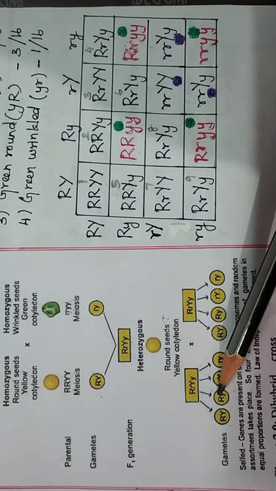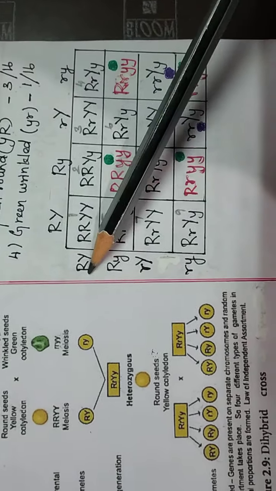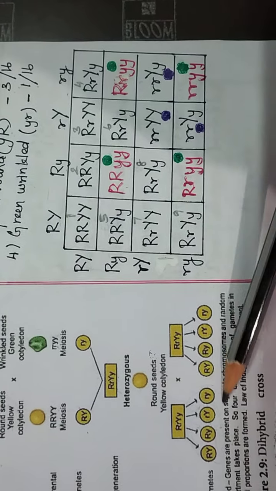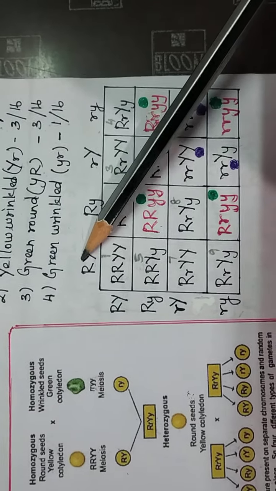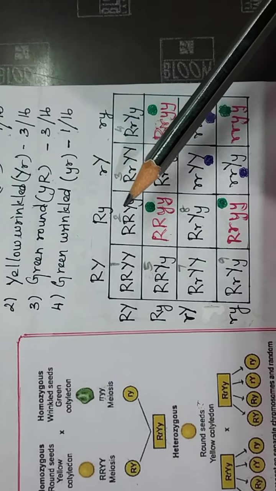These four gametes are formed. They are kept on the top side as male gametes, and four gametes are kept on the left side as female gametes. When you cross these, capital R is dominant, so we always put the capital R first and then the recessive one.